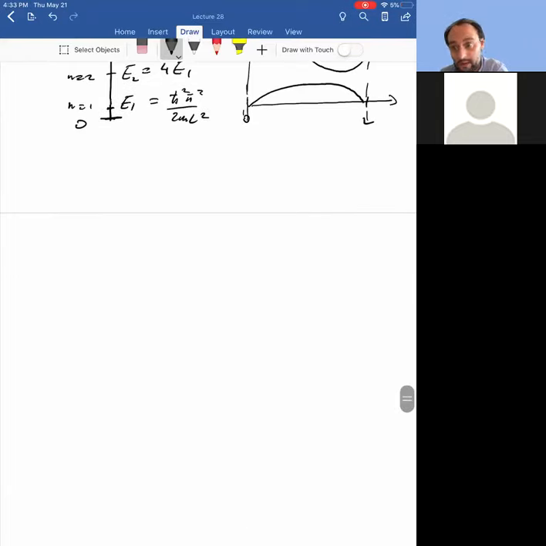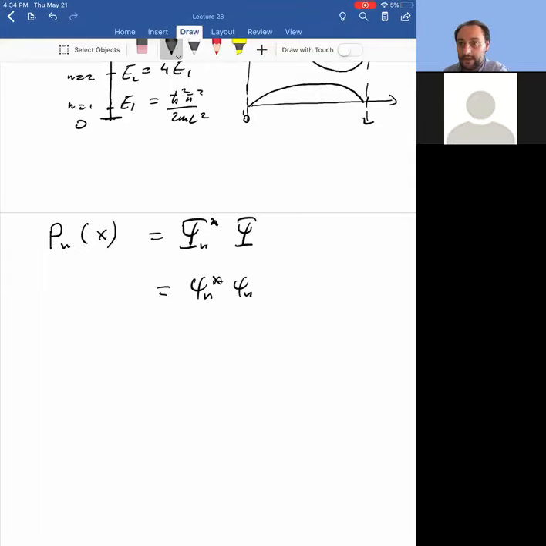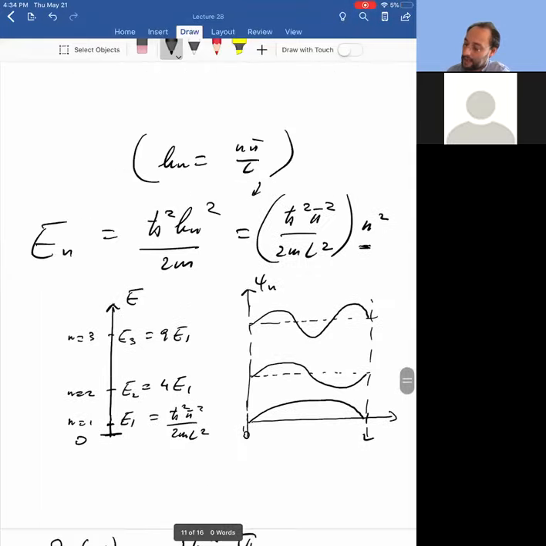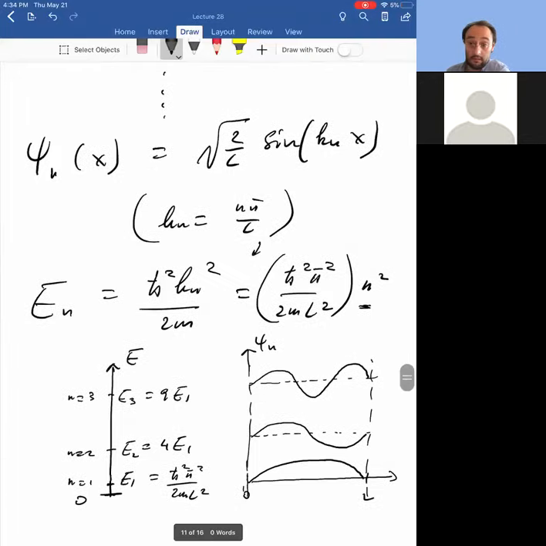How about probabilities? The probability distribution. Well, remember this is psi sub n star psi sub n. The temporal factors will disappear, and this is just psi sub n star psi sub n, but my spatial part is real.